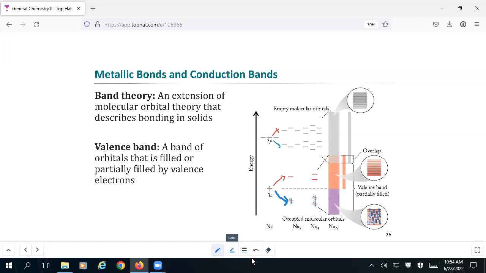The more that we add, the more of these orbitals we're going to create, and they're going to end up creating for us a band of filled orbitals, depicted down here by purple, and partially filled orbitals, depicted here by pink. There will also be a band of completely empty molecular orbitals that are shown here in gray.